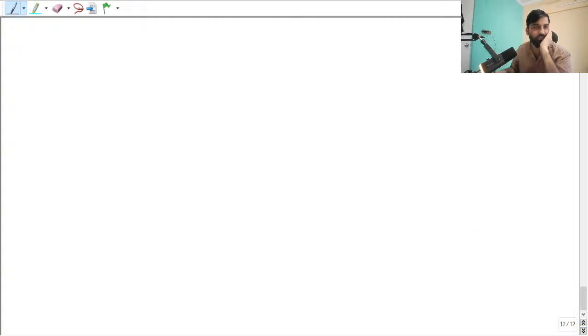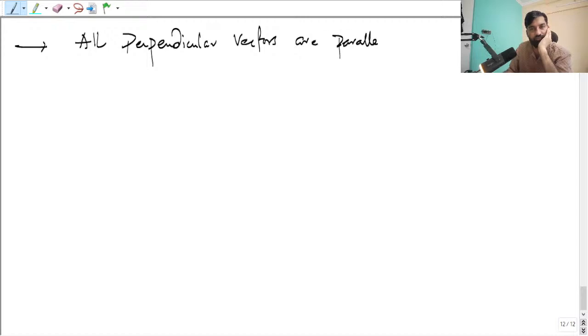That is a very important consequence. All the vectors perpendicular to the plane I'm talking about are parallel to each other.